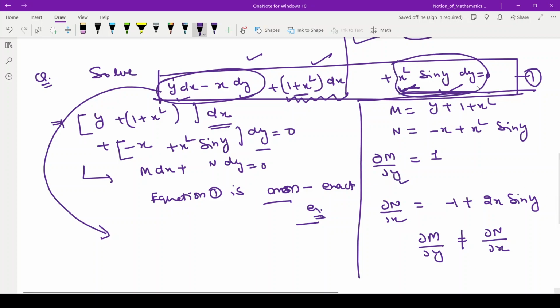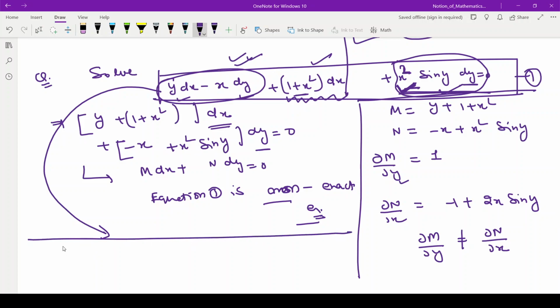Why? Because here dy is given and along with that a term of x is given. So if I somehow remove this x square term from the third term, then it will be only sine y dy. So what I will do now is divide the whole equation by x square, only because of this reason. So if I divide equation 1 by x square, what would we obtain?